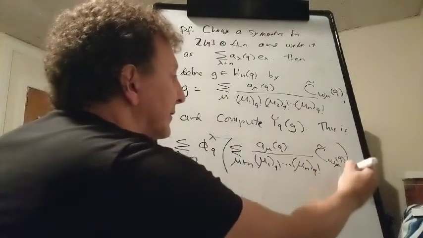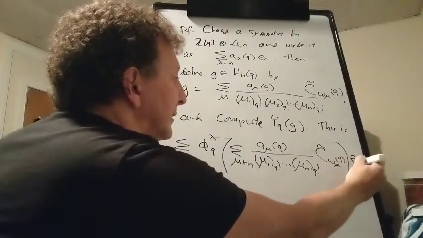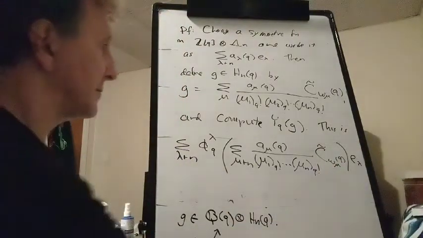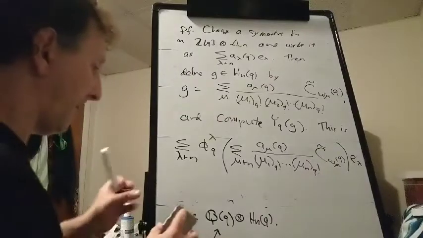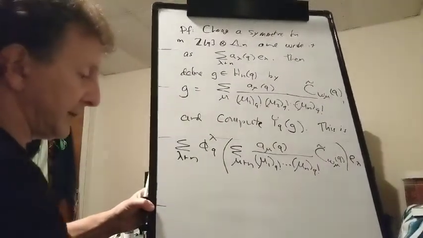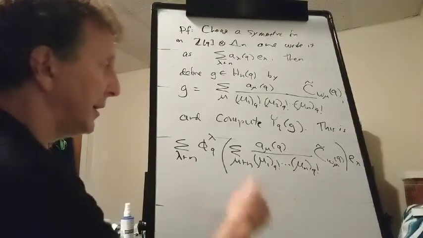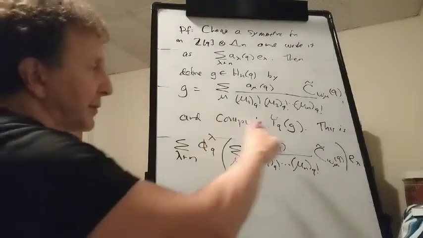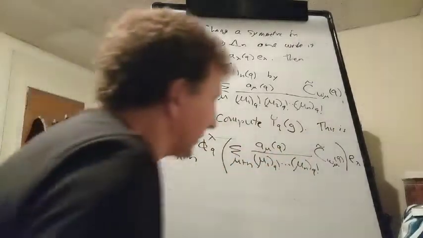All of that times e_lambda. Now phi is a linear function. We have a lot of scalars in here, so we can slip that right next to the Kazhdan-Lustig basis element.